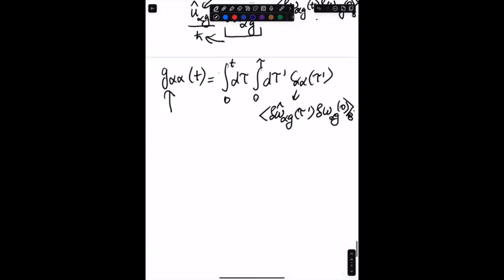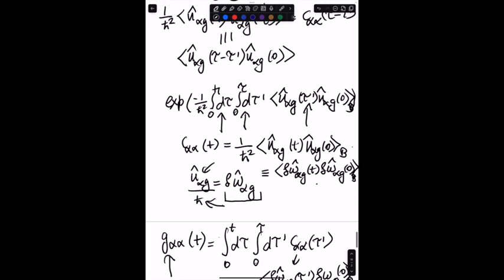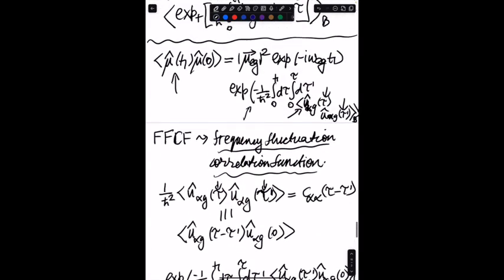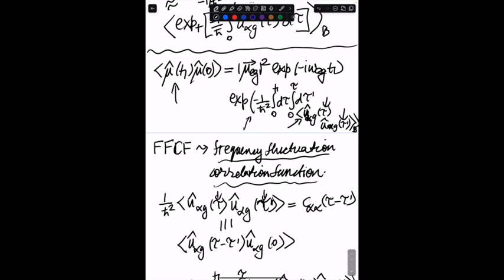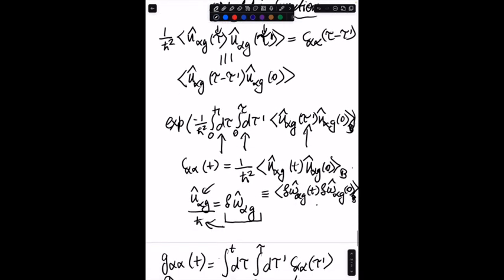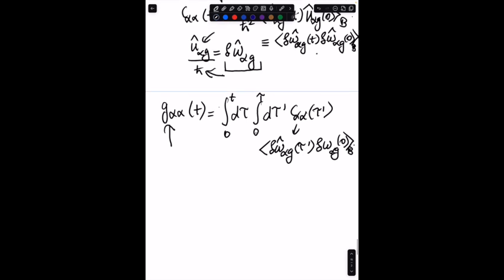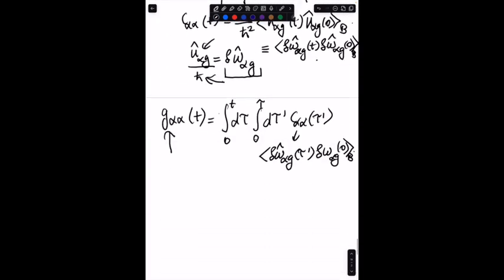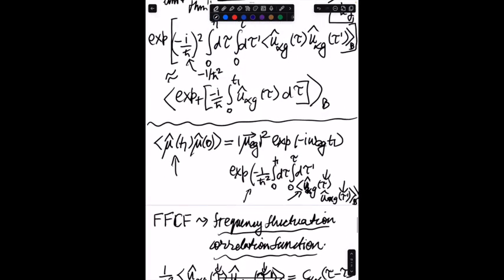And once you do your second order cumulant approximation, what you get is here you get exponential times something, and that something is your line shape function. Okay, it's not too clear right now. Let me rewrite this again.